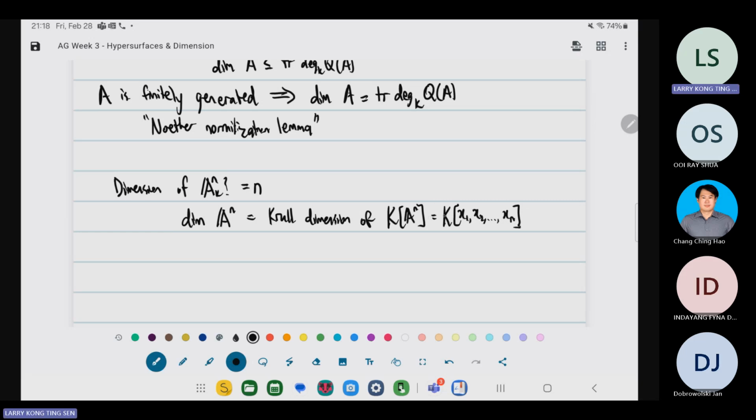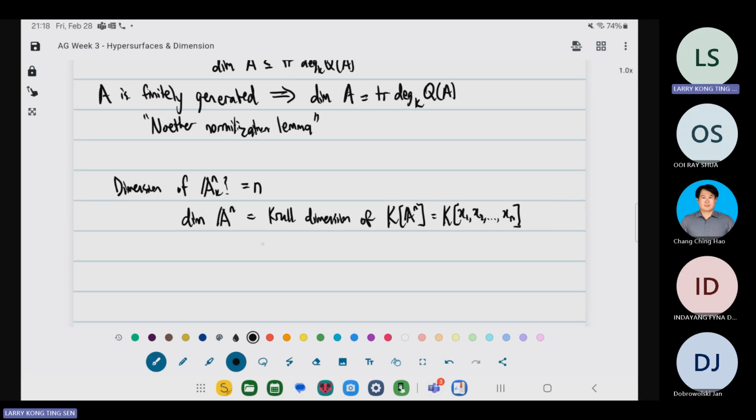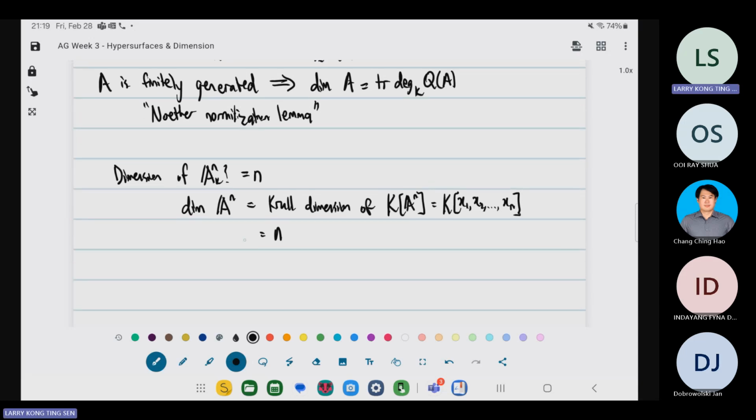And the Krull dimension of this thing in turn is basically given by the transcendence basis x1, x2, and so on. So we in fact just have n here. So it turns out the dimension of A^n is basically just n here.